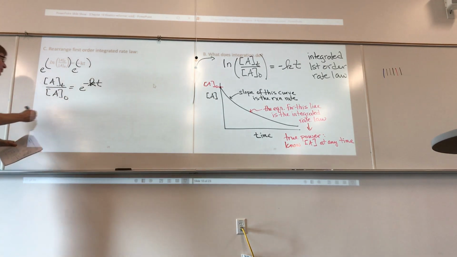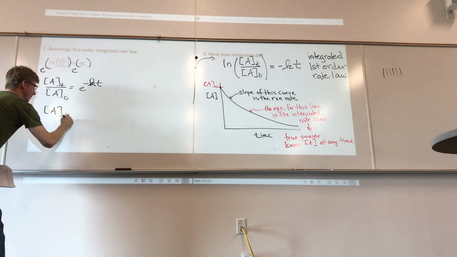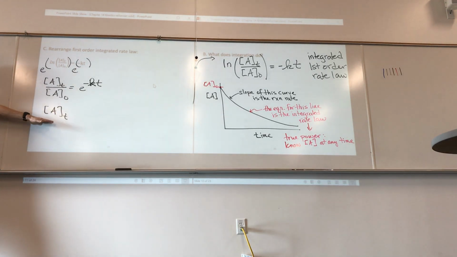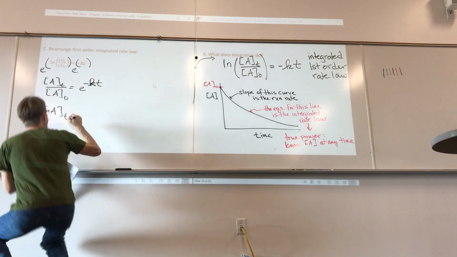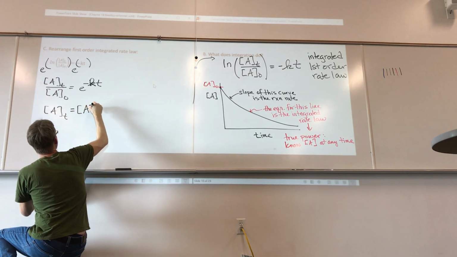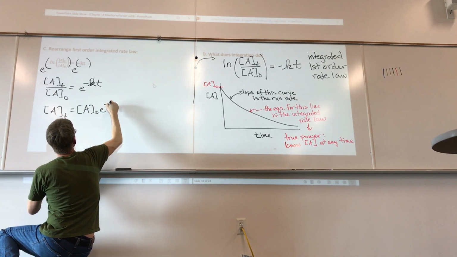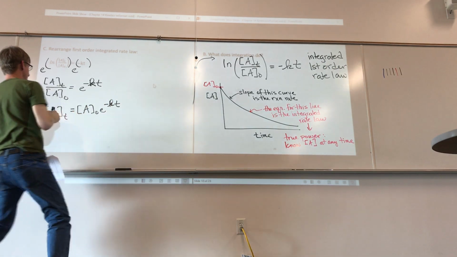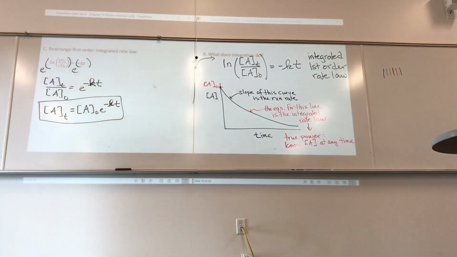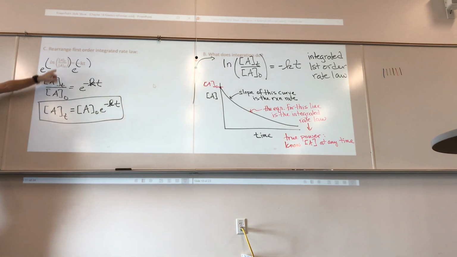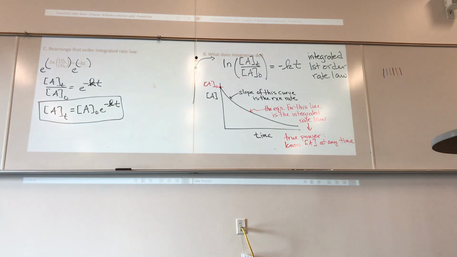I find the most helpful version actually solves for the concentration at some time and puts the initial concentration on the other side. Like so. And so each of these versions, they are the same equation, just rearranged. And they're each useful for solving some problems. I believe they're each on the conversion equation sheet, but I'll have to check to make sure.